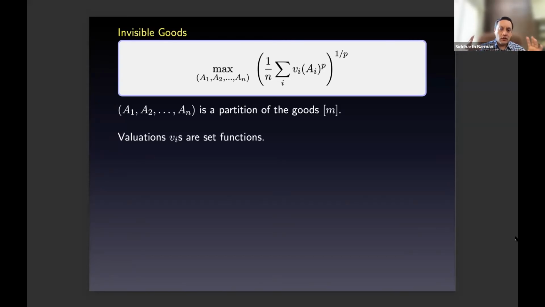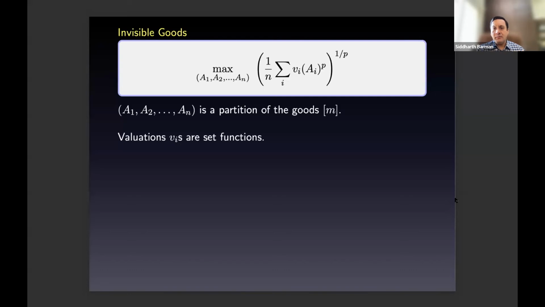So huge, complicated objects in complete generality, but of course that is too wild. We'll look at the standard valuation classes and talk about results in that space. But this is the general form of the problem when I'm dealing with indivisible goods.